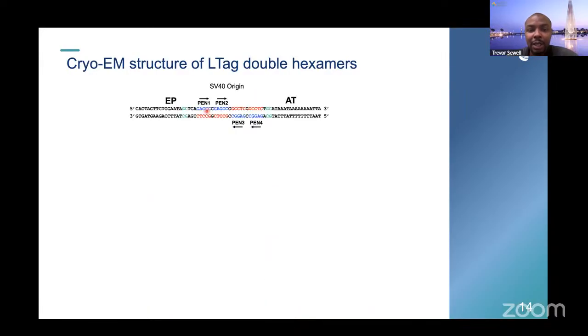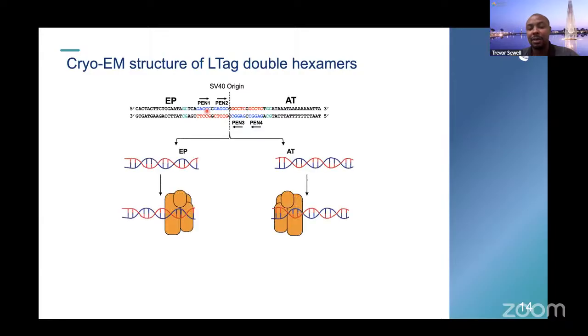So we split the sequence into two, and we trapped one hexamer on each half with the non-hydrolyzable ATP analog. So these are the same state, but from different ends of the sequence. We wanted to understand what is going on with the two hexamers assembled on the origin.